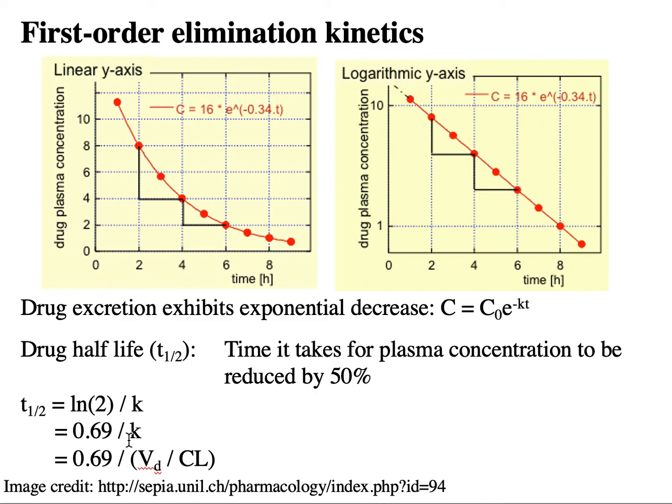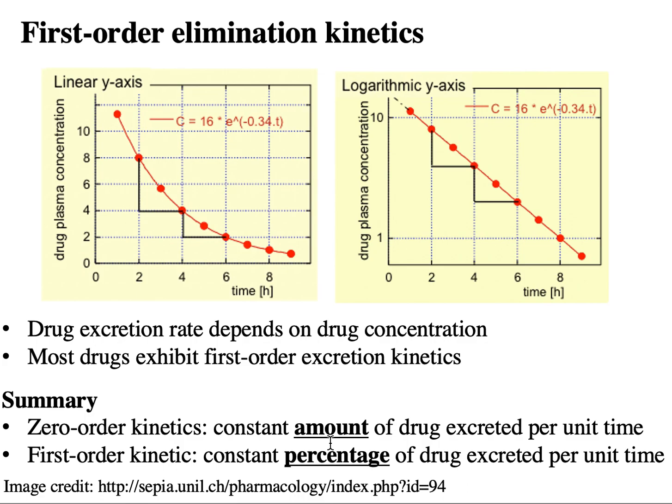For the elimination kinetics, again, you have this drug half-life that's going to be dependent on the ln of 2, of course. This should remind you of something you've probably experienced in Gen Chem or somewhere like that, or when talking about radioactivity. Most drugs are going to have this kind of decay over time.